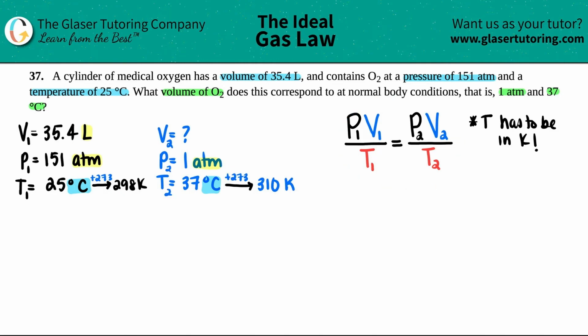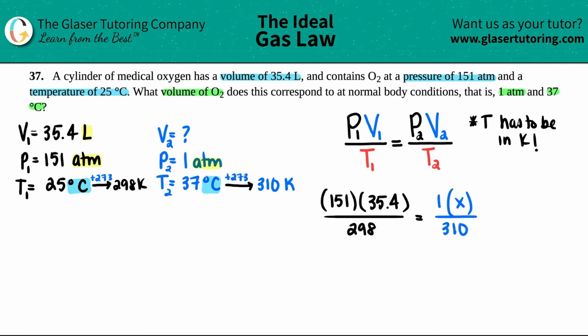Okay, so let's plug everything in. When I plug it in, I don't put the units, because I always double check first that I have the right units, and then I just plug in the numbers. So my pressure and volume are 151 times 35.4, all over that temperature, 298 Kelvin, and this equals 1 times X over 310.